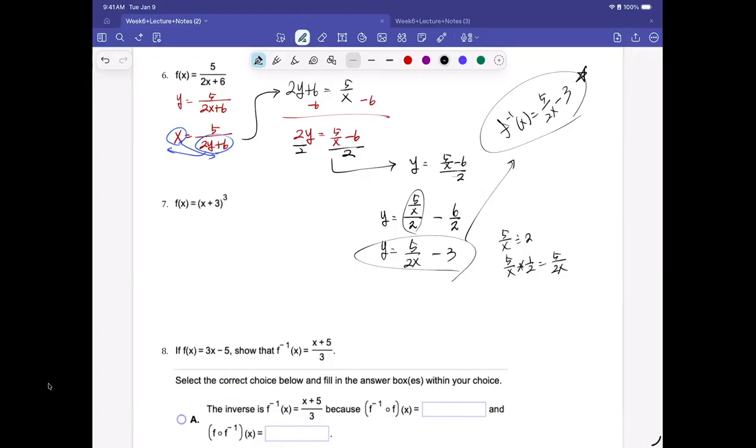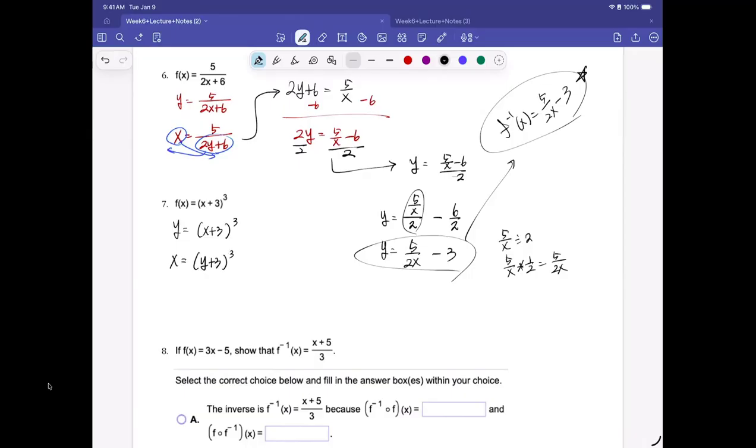Question. Number 7 is y is equal to x plus 3 cubed, and then x is equal to y plus 3 cubed.